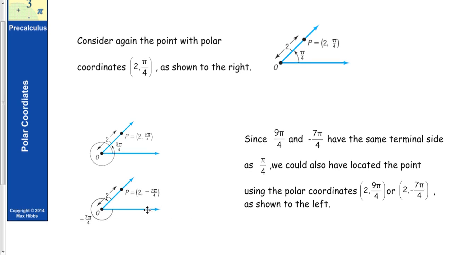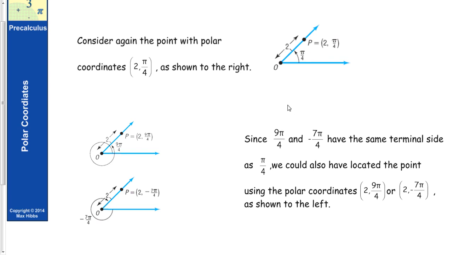Likewise, if we measured negative 7 pi over 4, we would get to the same terminal side, and if we move 2 units along that terminal side, we would be at exactly the same location. So this point also is the same. This description of the point is the same point as the point we have here and as the point we have here. In fact, there's an infinite number of ways to describe that point, isn't there?